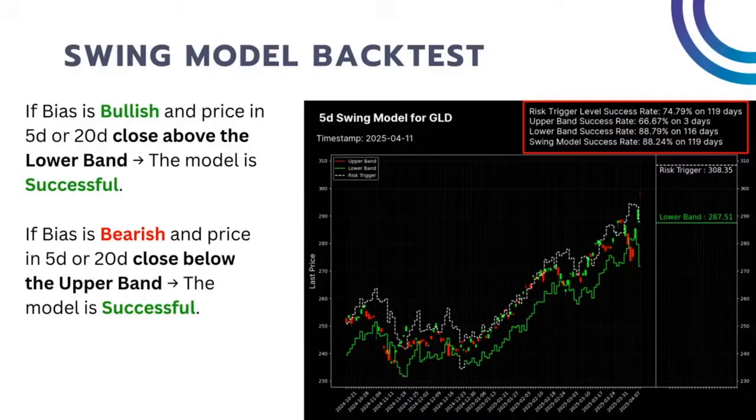In any given time frame, we could have a period where we only have upper bands or a period where we only have lower bands. So the model provides you the overall success of that period. In this case we go back 119 days, which is over 4 months of data, and the model was successful in 88.24% of the cases.